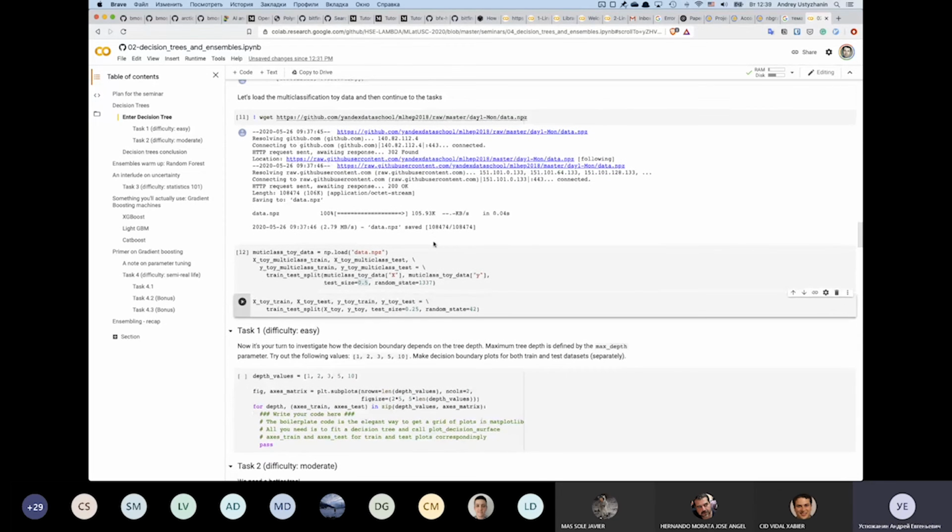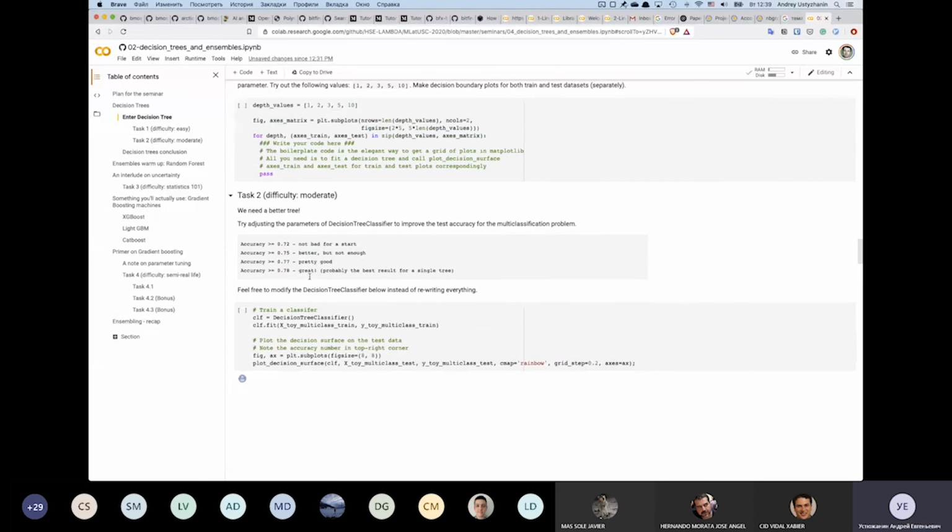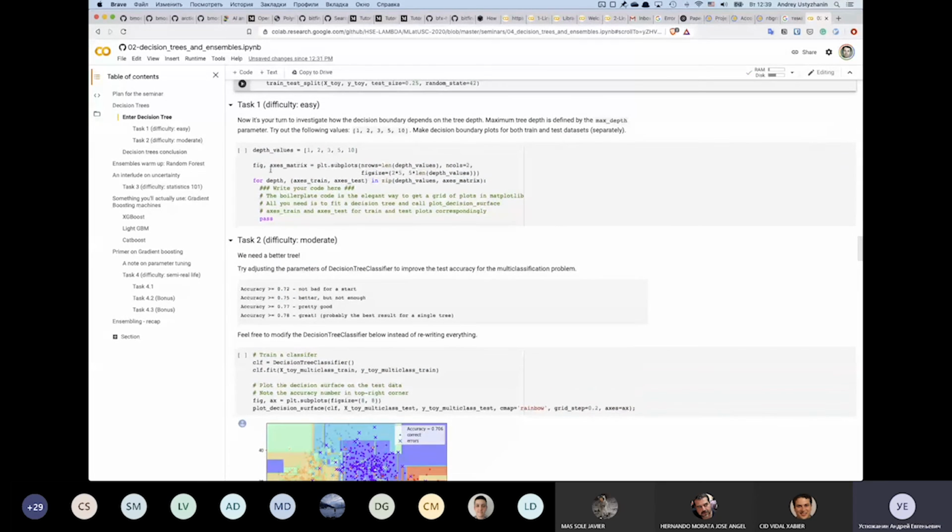Okay, so now the task for you would be to look at the decision boundary depending on the tree depth. So you can specify tree depth by the max depth parameter of the decision tree class, and then you have to look through the various depths and look at the pictures that you get for different depths.